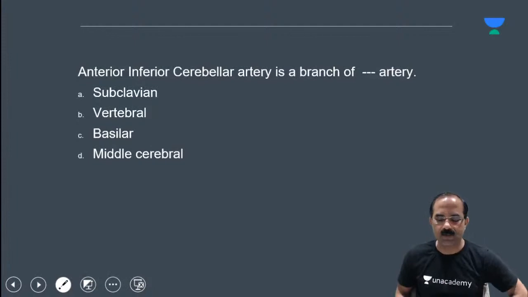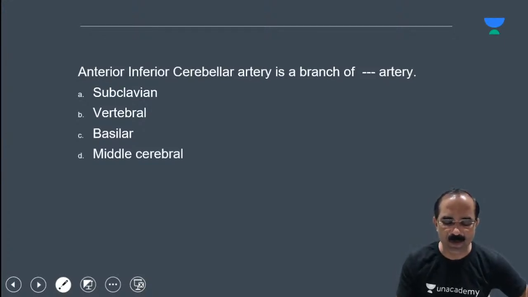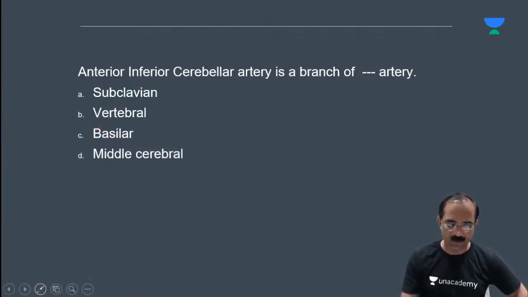Can anyone answer this? Anterior inferior cerebellar artery is a branch of basilar artery. Very good.